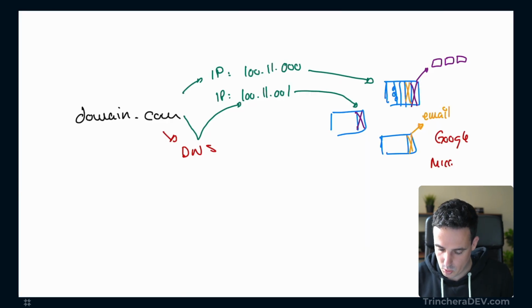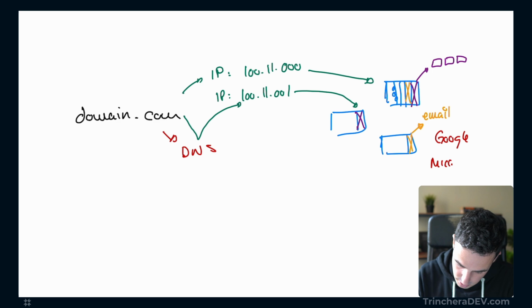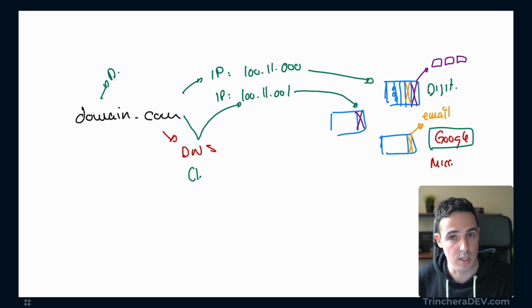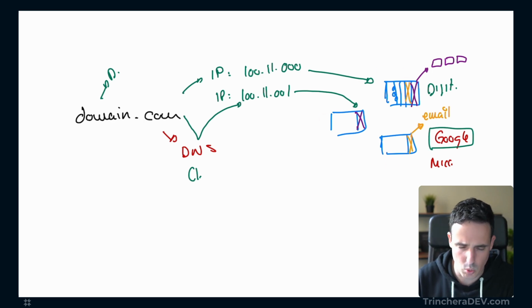So if we go back to the iPad, this is going to be Dominion, this is going to be Cloudflare, this is going to be DigitalOcean, and this is going to be Google. But you can change all these kinds of things, and you can do whatever you want with it.